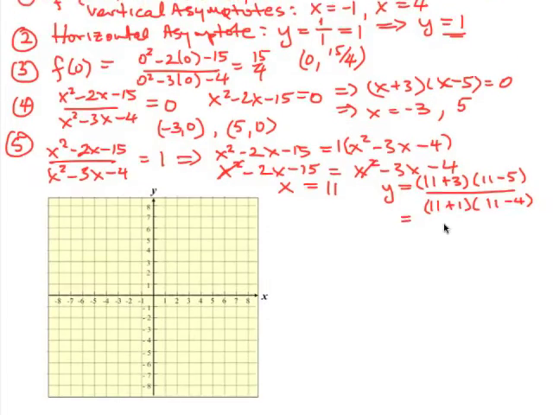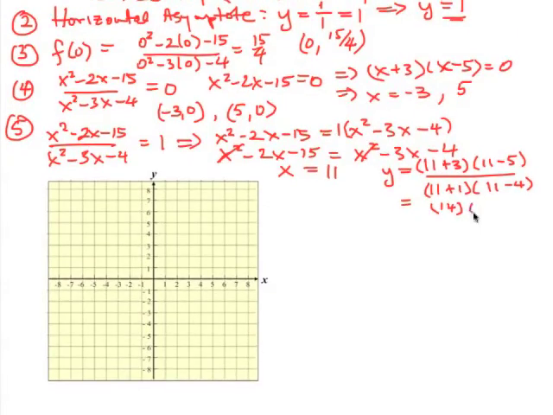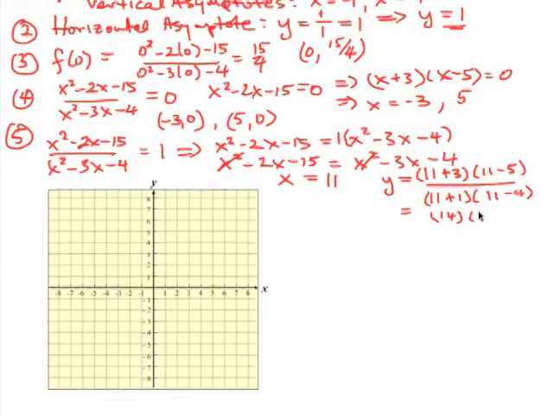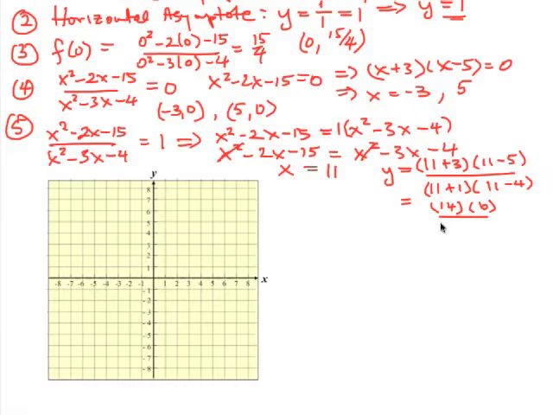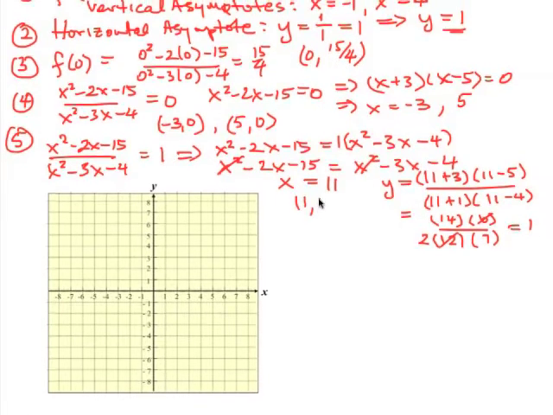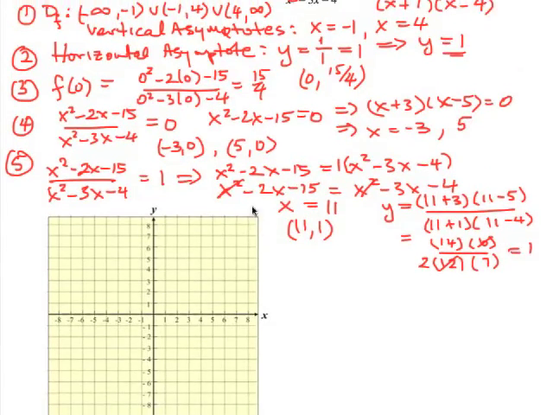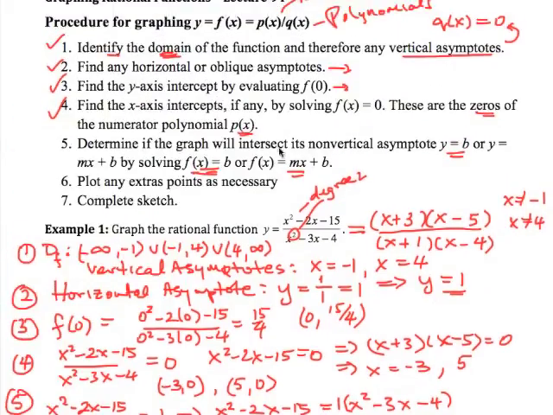So this will be 14 by 6 over 12 by 7. Okay, so 6 is let's go 2, and of course we have 2 sevens are 14, so this comes out to be 1 actually. Very good. Alright, so our point there is (11, 1) is where it's going to cross the horizontal asymptote.